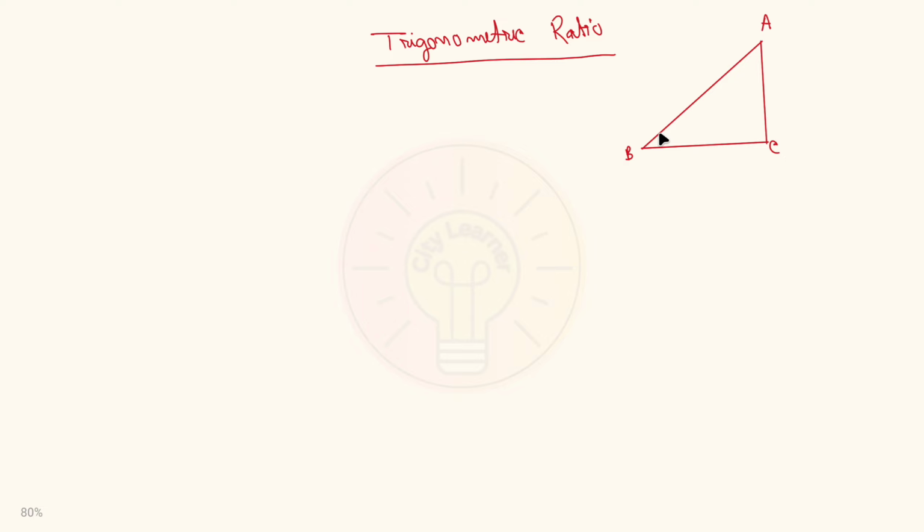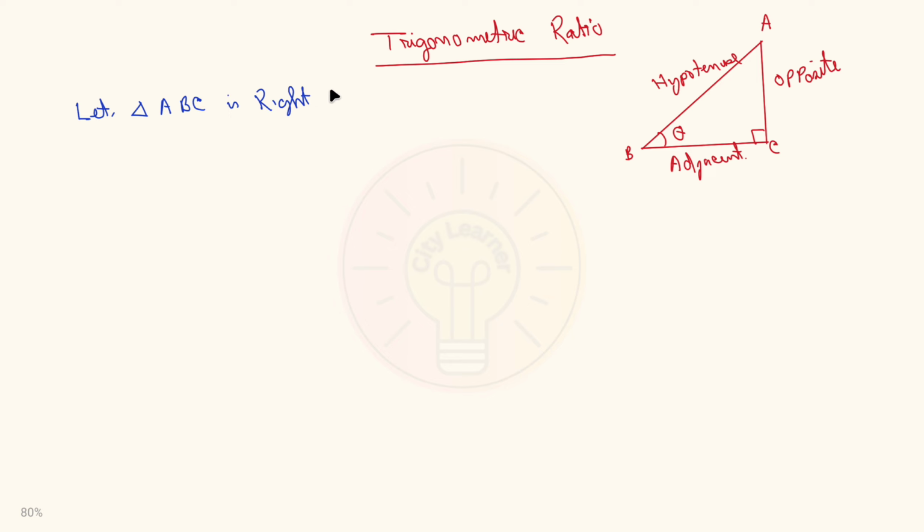So now we are going to discuss the trigonometric ratios. How are these trigonometric ratios or functions found, and how are they related to the sides and angles of a right angle triangle? So let's take a right angle triangle ABC where angle C is a right angle and angle B is theta.